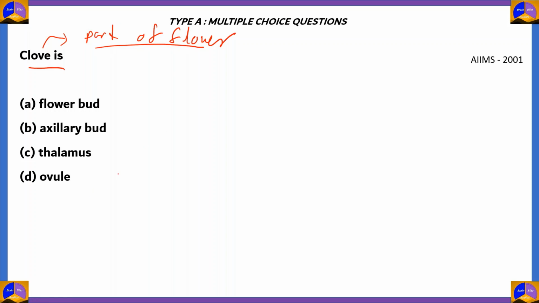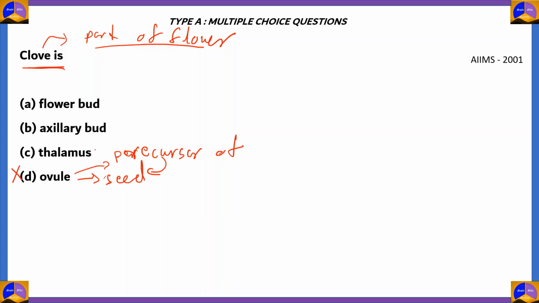So let's look at each of our options. Ovule refers to the precursor of seed. And clove is not a seed, it's a spice. So option D is incorrect.